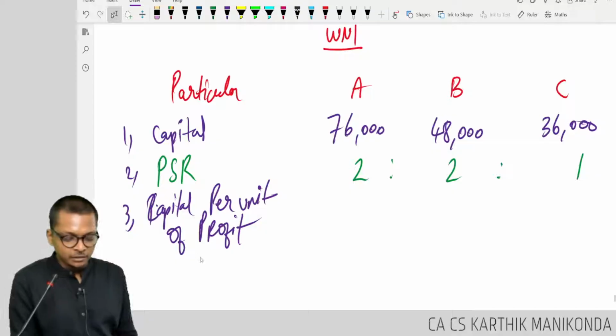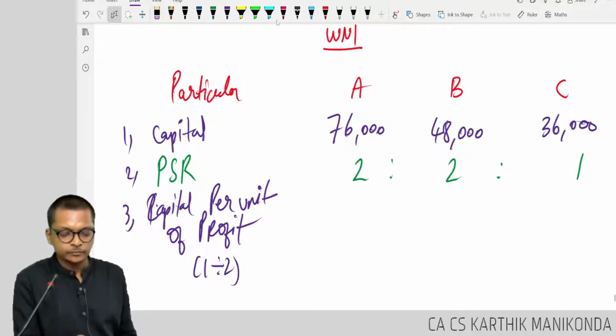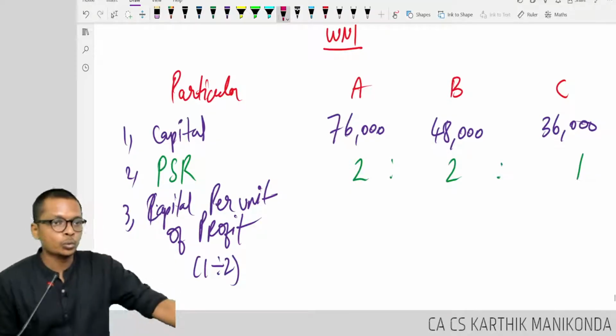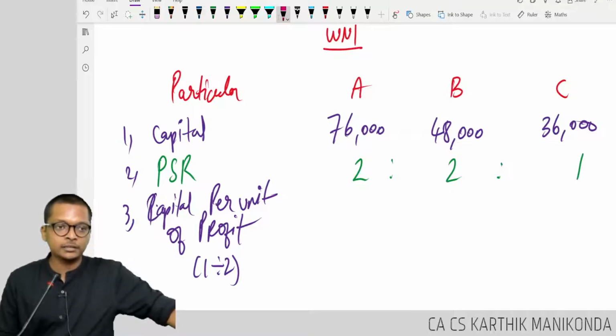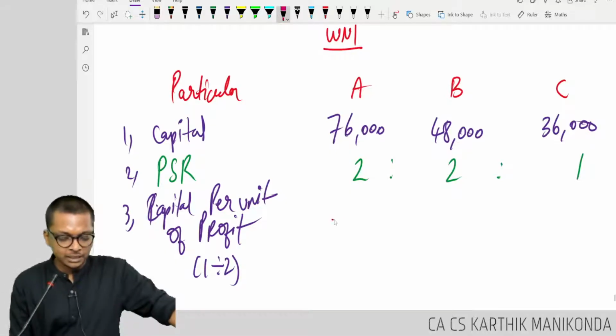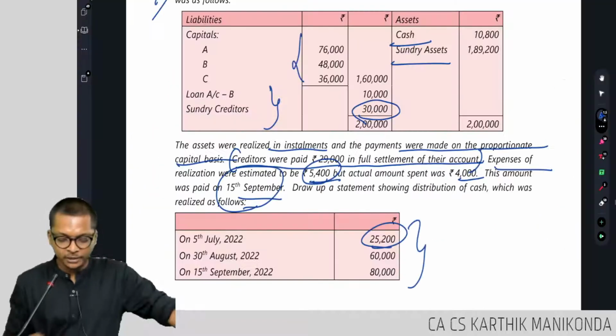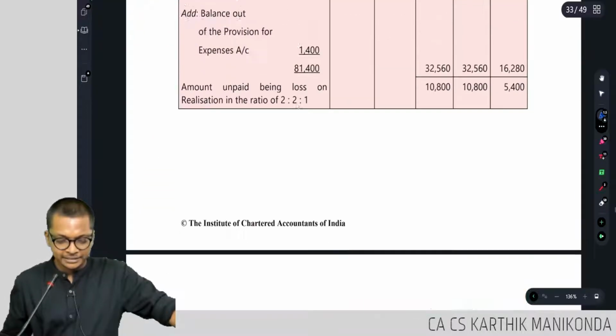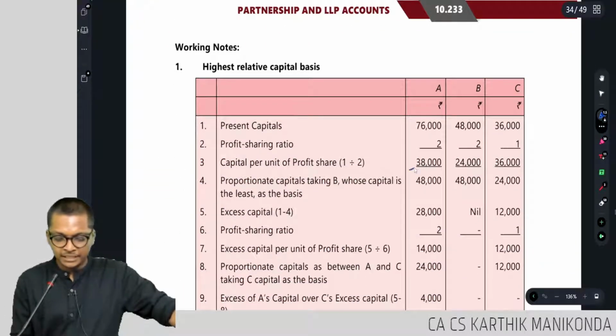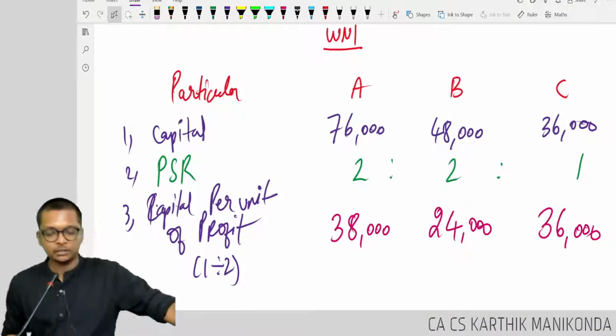We will divide 1 divided by 2. How much will you get? 38,000, 24,000, 36,000. 38, 24, 36. Let's check that once. 38, 24, 36. Perfect. Okay.